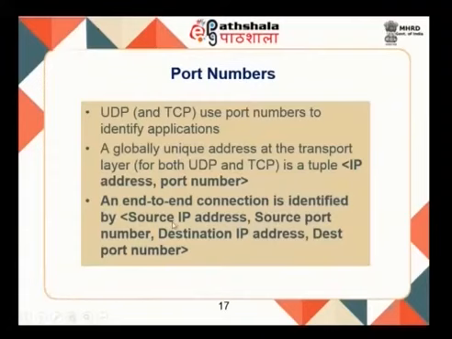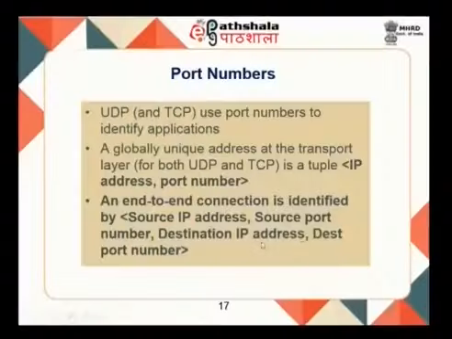Based on this, an end to end connection that you would have, both in UDP and TCP, is identified by means of these 4 parameters or 4 parameter tuple, that is source IP address, source port number, destination IP address and destination port number. So, these are 4 parameters which identify an end-to-end connection. Source IP address, remember, will have the network address and the node address.